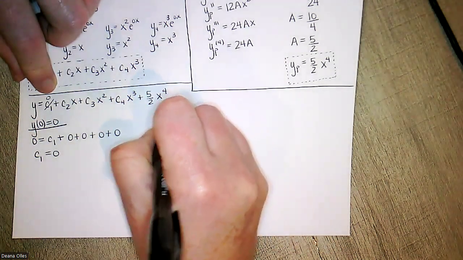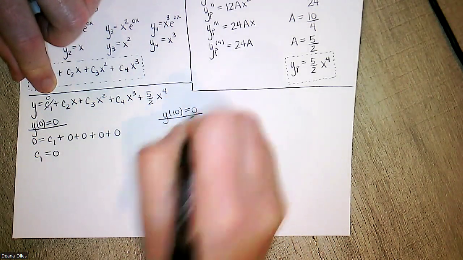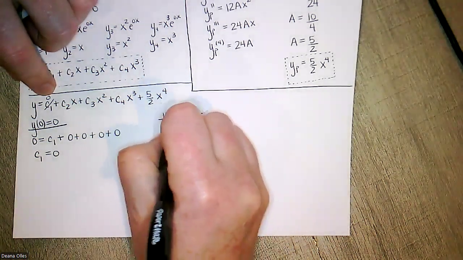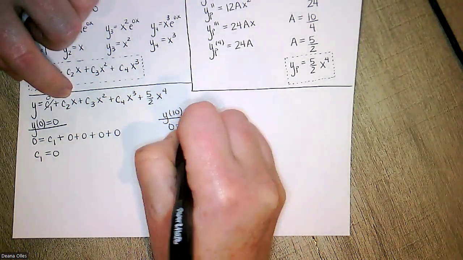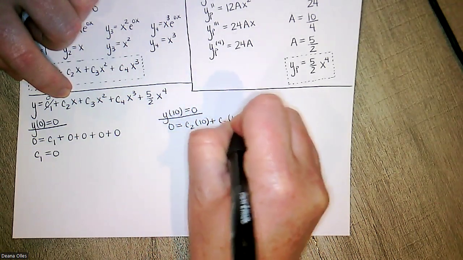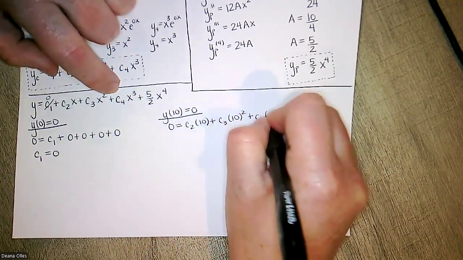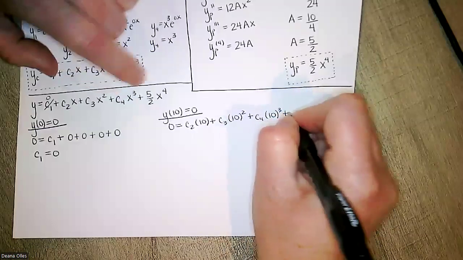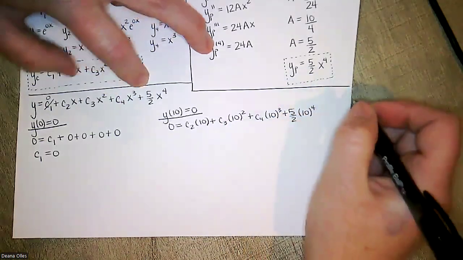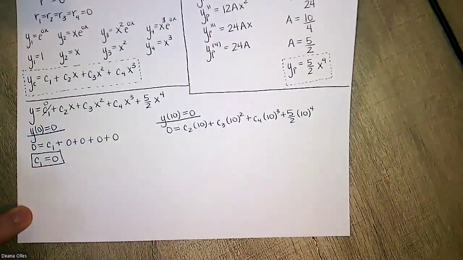Now I can also do y of 10 equals 0. Keep in mind C1 is 0, so I don't even need to really plug that in. So 0 equals C2 times 10 plus C3 times 10 squared plus C4 times 10 cubed plus 5 halves times 10 to the fourth. And again, notice I didn't write C1 because I already know that that is 0.